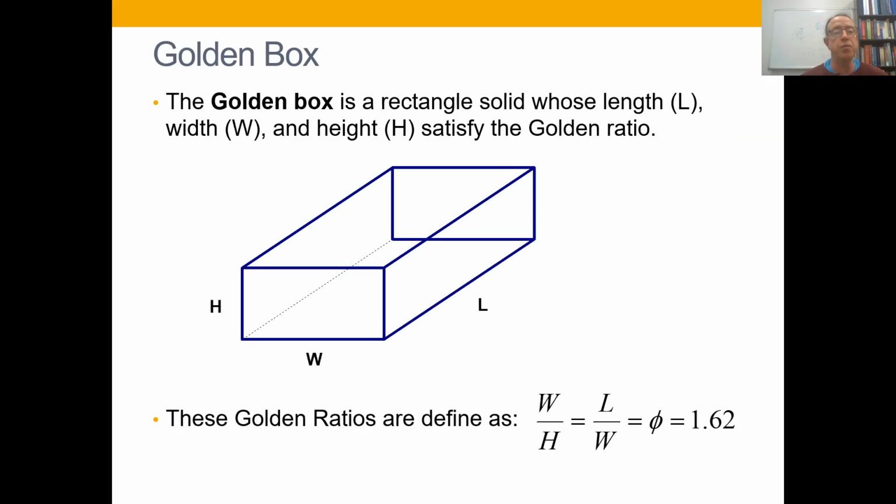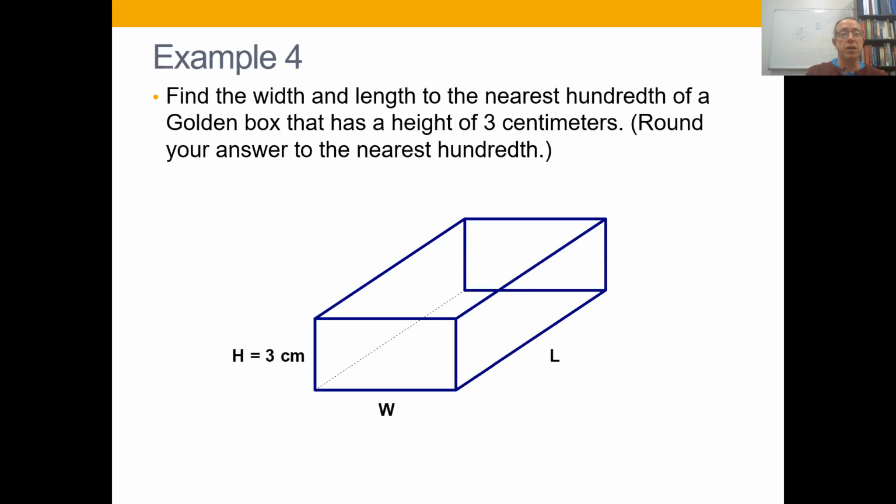So what you can do to accomplish this is basically use the 2 formulas. W divided by H is the golden ratio, and L divided by W is the golden ratio, 1.62. So what we're going to do is an example where I give you a missing value, and then you have to find the other sides of the golden box.